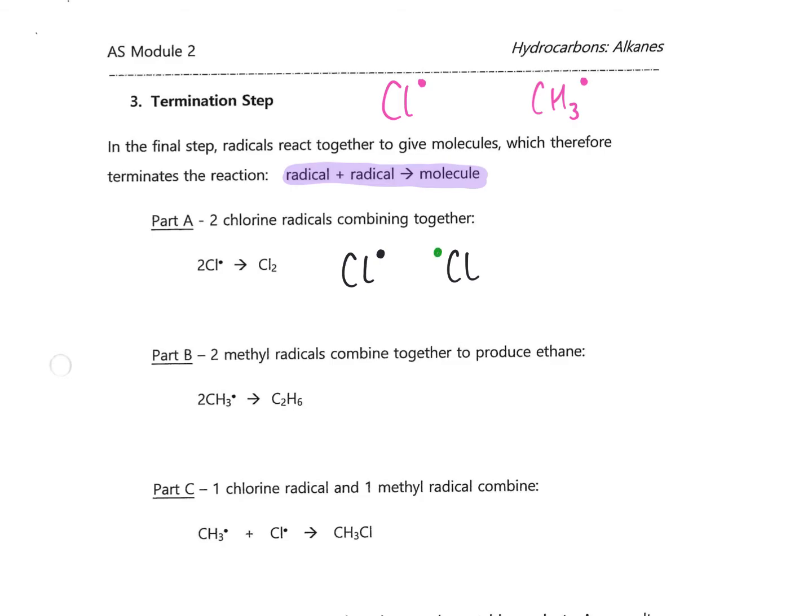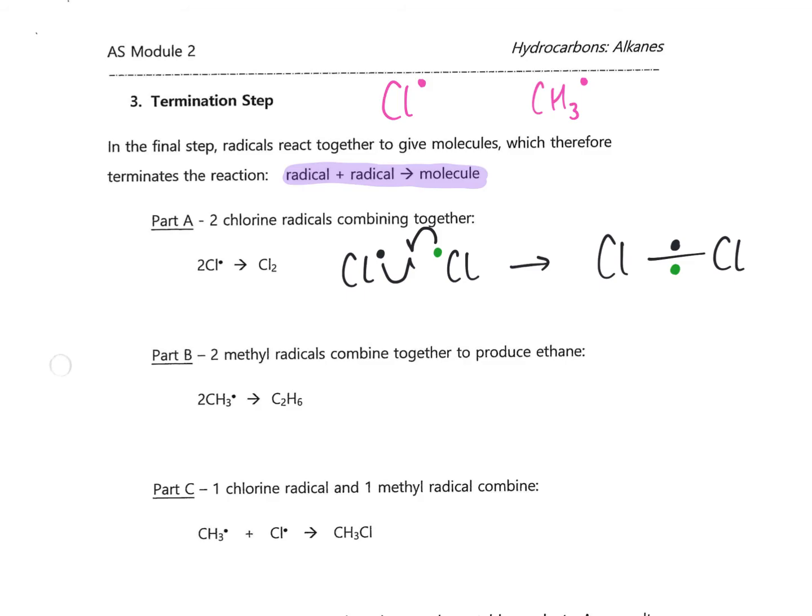And essentially, we just use our single-headed arrows to show them coming together and forming a covalent bond. So that green electron with a single-headed arrow, and the black electron with a single-headed curly arrow. And when those come together, they form a covalent bond between our chlorine atoms with a black electron and a green electron. Again, not coloured in real life, but that shows them coming together.